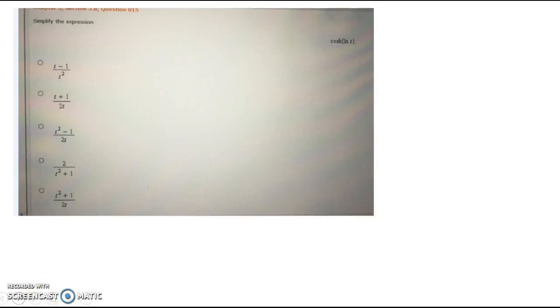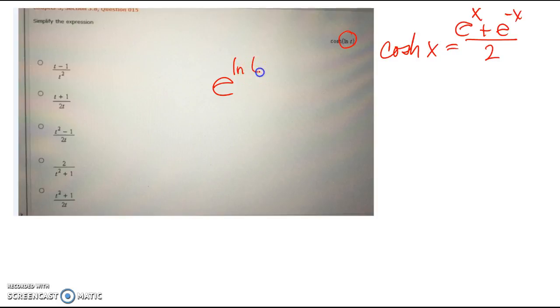Now I had to go look this up. He wants us to simplify, not take a derivative. So what I learned when I looked this up is that the hyperbolic cosine is equal to e to the x plus e to the negative x, over 2. So because our x is natural log of t, we'll say e to the natural log of t plus e to the negative natural log of t.